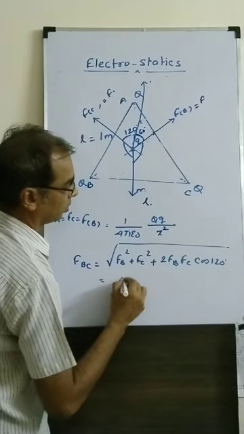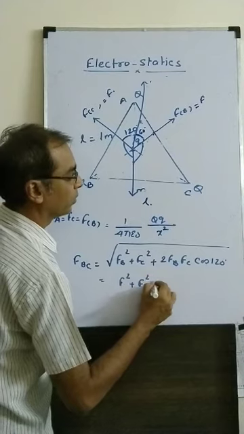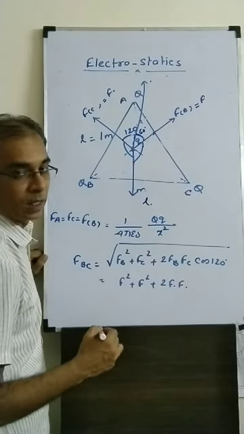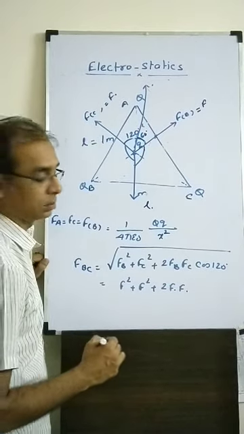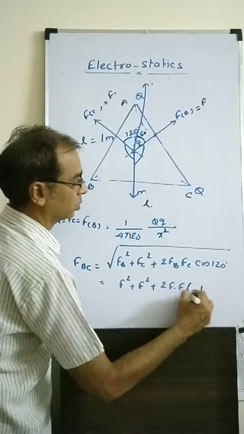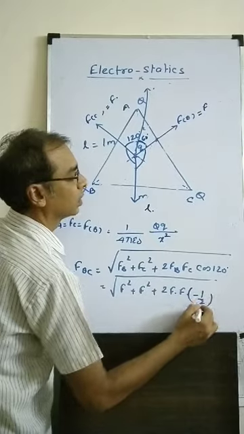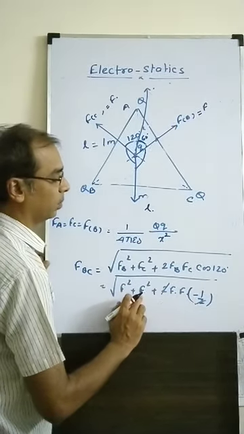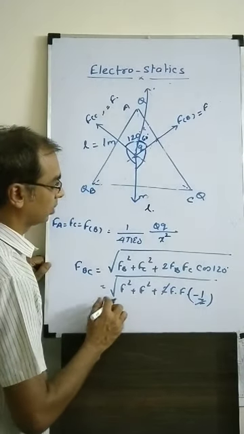So FB is equal to F, FC also F, 2 into F into F cos 120 degrees. That means minus 1 by 2. This 2 and this 2 get cancelled, and this is minus F square. Minus F square and plus F square is gone. Resultant is coming just F.